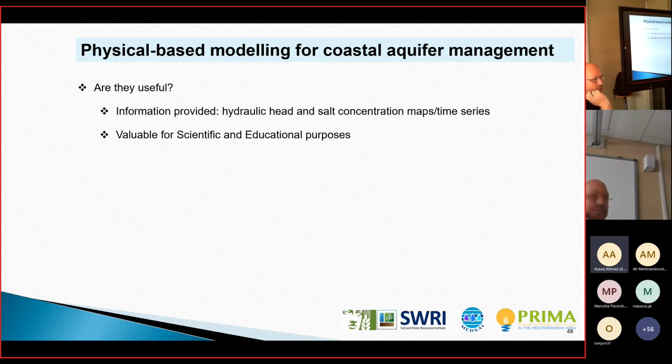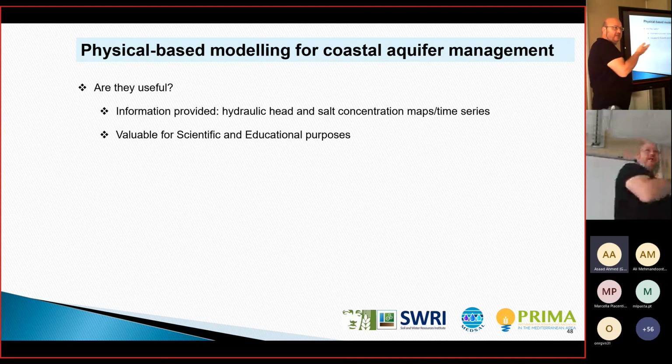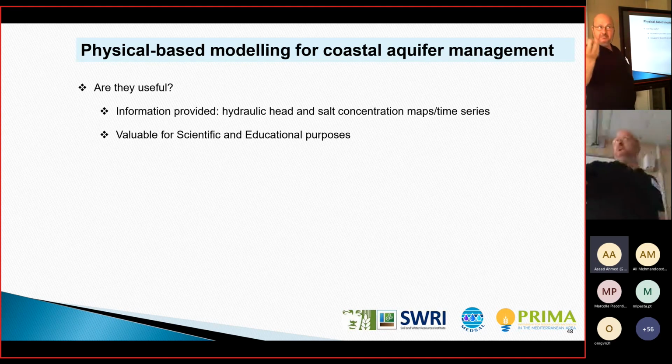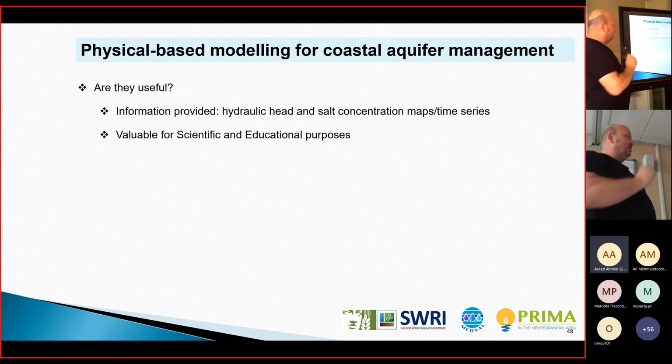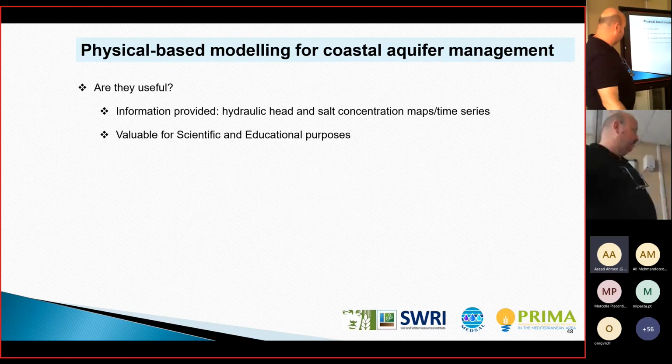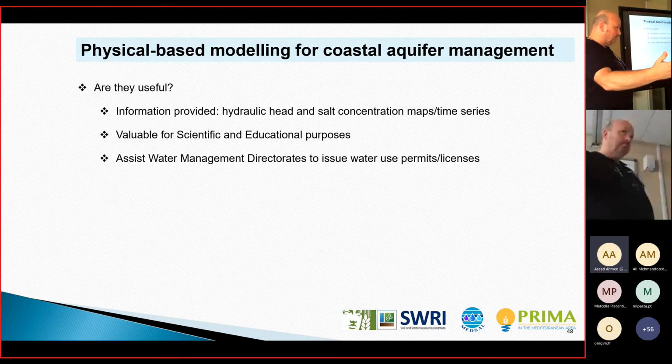In some cases, this model could be valuable for scientific and educational purposes. You remember that we saw the example with the hydraulic conductivity. That would be something important that we get from this model. Also the maps with the pumping rate.